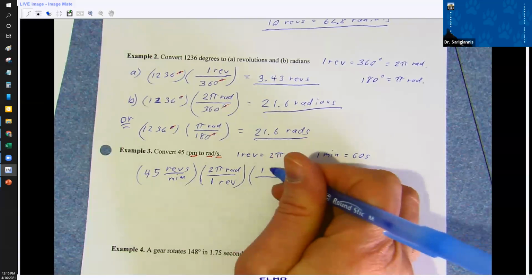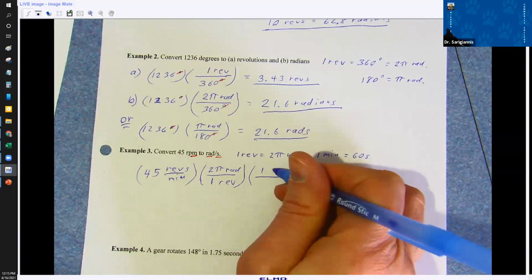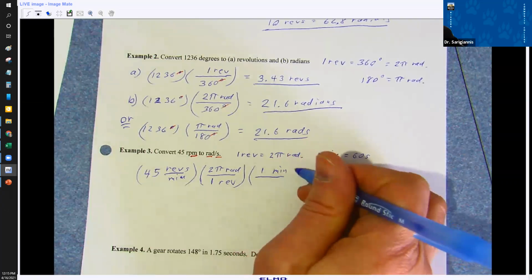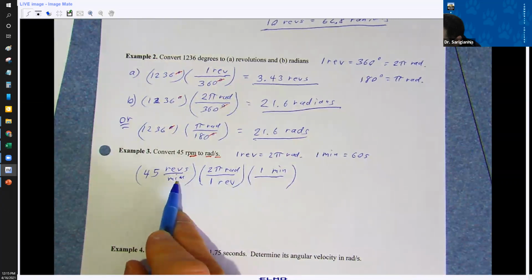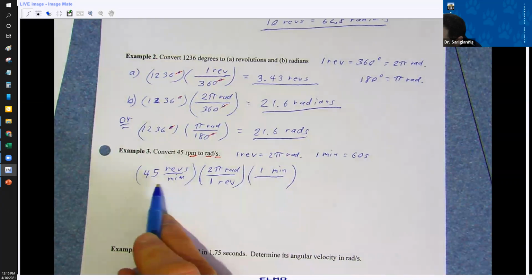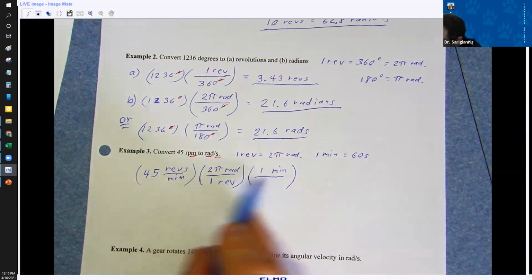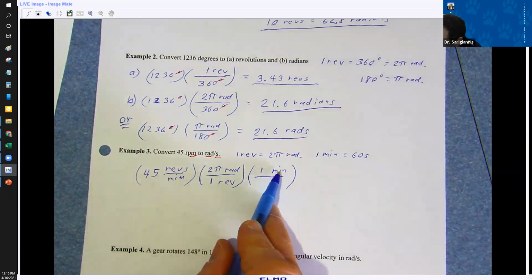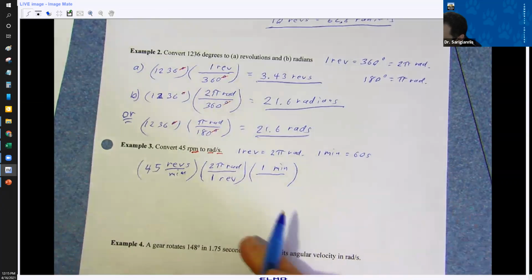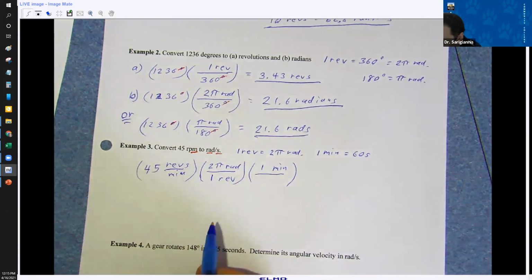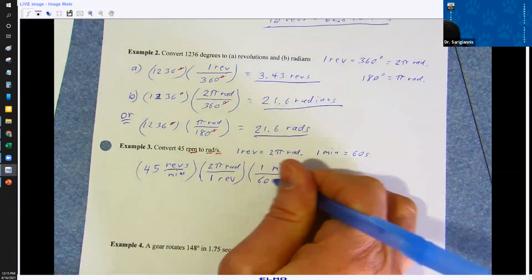This tends to confuse people. You can't cancel out on the bottom; if you put minutes on the bottom, it's going to become minutes squared. So you've got to cancel out on the top. We're going to divide minutes by minutes. We're just doing algebra with units, basically. And this is 60 seconds.